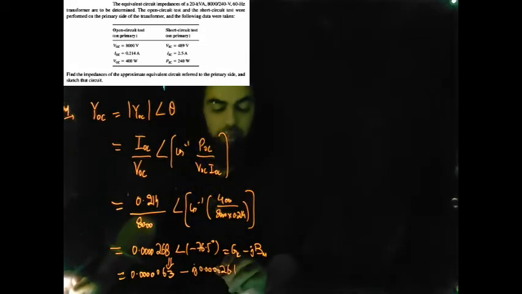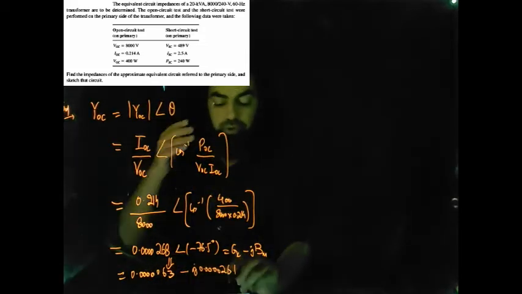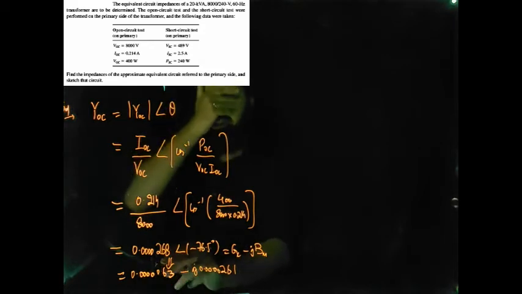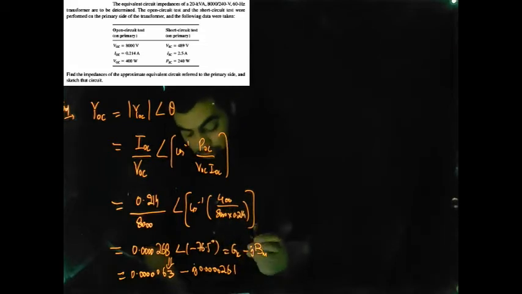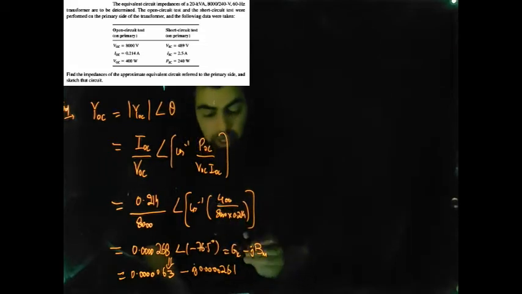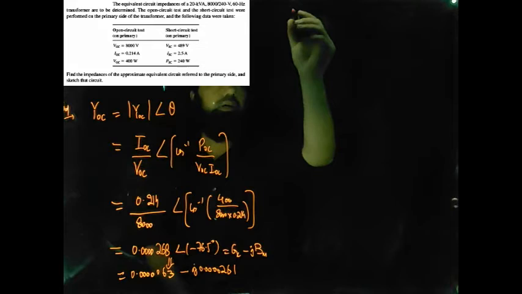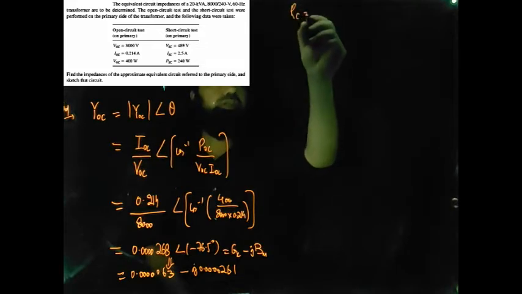So GC is equal to 0.0000063 and BM is equal to 0.0000261. Therefore RC is equal to 1 by GC.